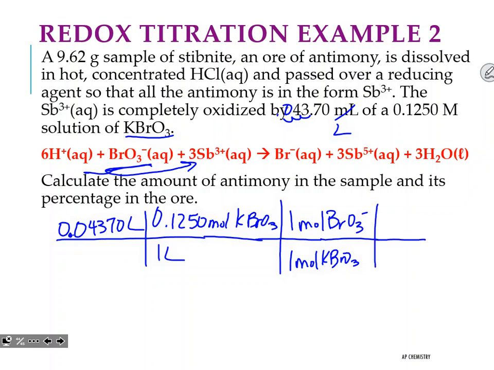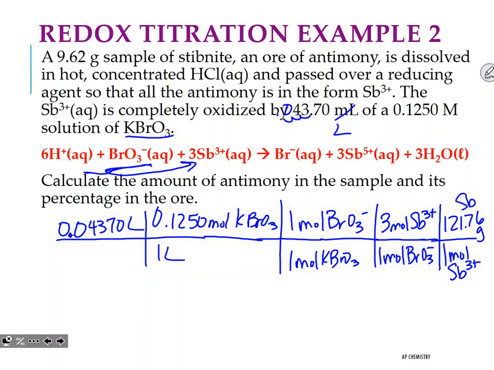Now I can go from moles of bromate, 1 mole bromate, to 3 moles of Sb, and then 1 mole of Sb is going to give me how many grams of Sb? 121.76 grams Sb.